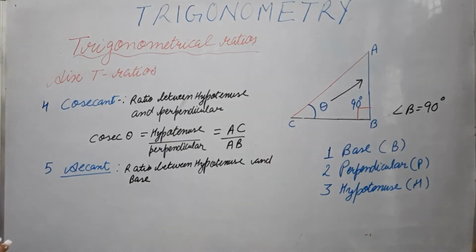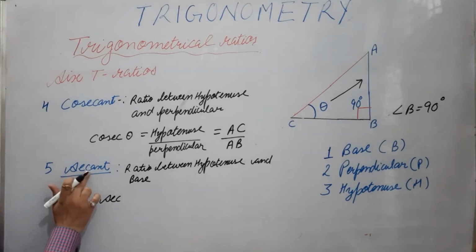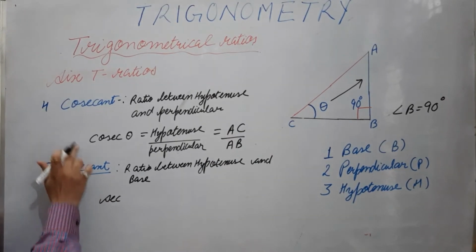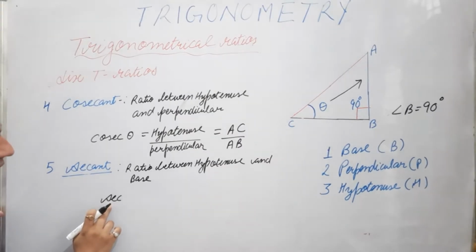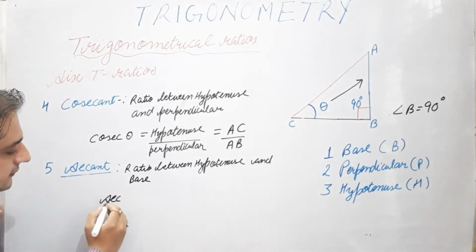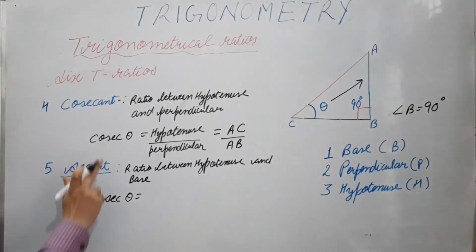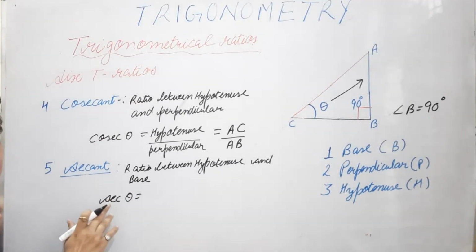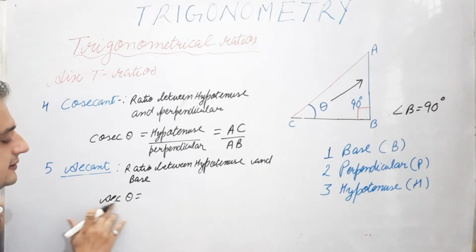So it's a ratio between the hypotenuse and the base. Write secant in short, the first three letters, secant theta, for the angle theta. The T ratios are the relationship between the angles and the sides.